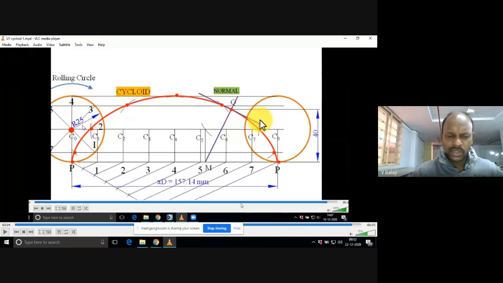If you want to mention diameter, you extend that radius line, take one more arrowhead, and at the center write diameter 25 or the phi symbol, phi 25. That symbol you have to mention. Previously I have shown you. So this is the entire picture of cycloid. If you understand, you can easily draw the next problem, that is epicycloid.